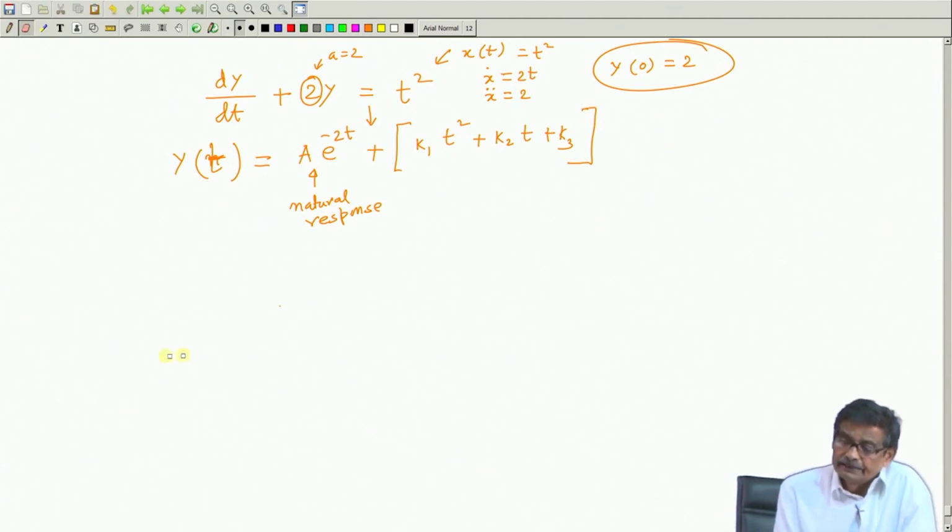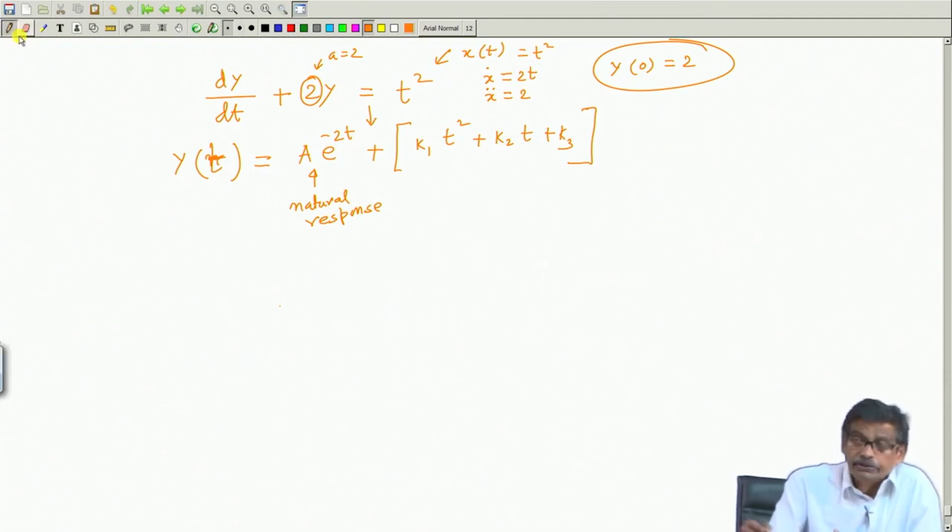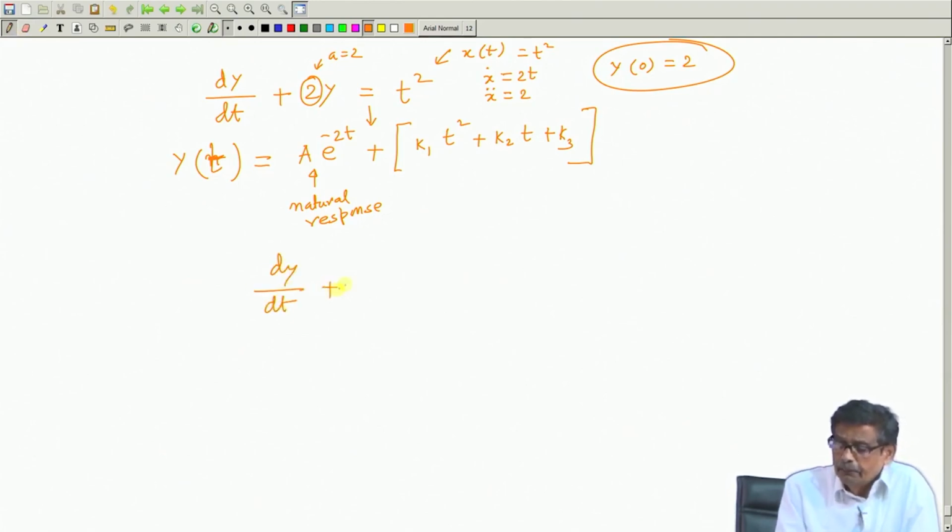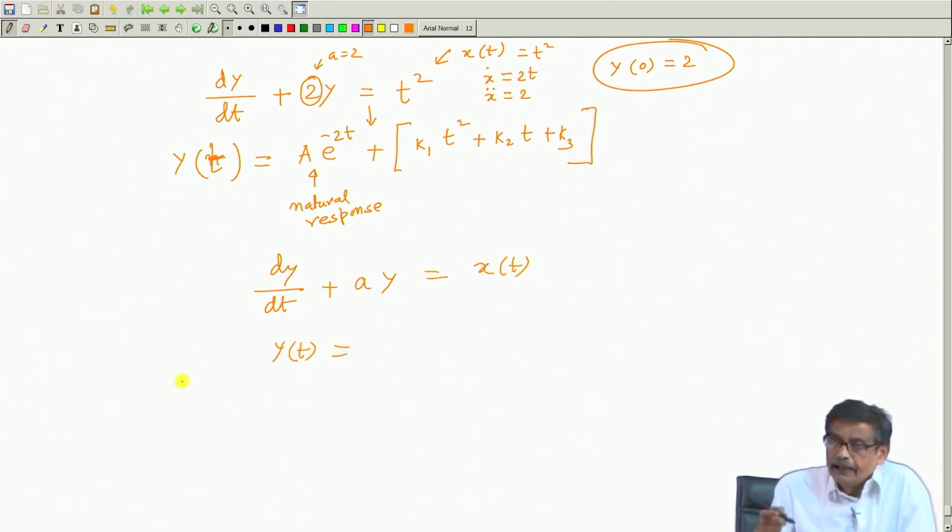I will carry on with this in the next class, but the crux of the matter is, if you are given a differential equation dy/dt plus some constant into y is equal to some x(t), we say that the total solution will be a linear combination of the forcing function and its higher order derivatives.